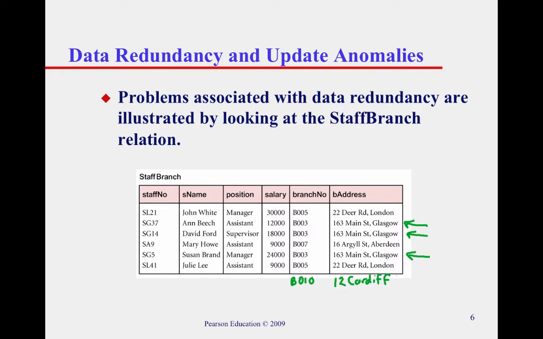And it doesn't yet have any staff because it's under construction, but we want to put it in our relation. Well, the problem is that in order to do it, there has to be some values associated with these fields. Okay, now I might say I'll put nulls in here.